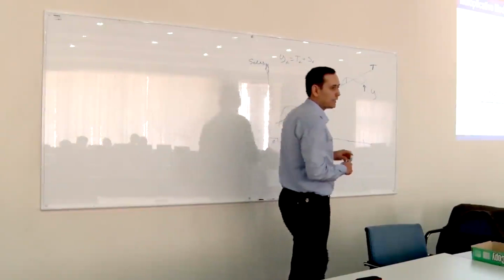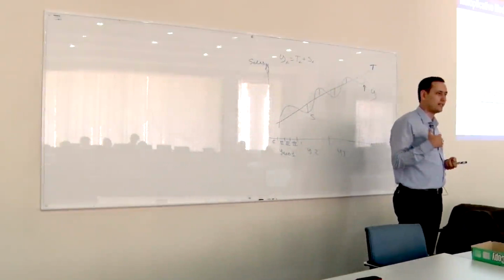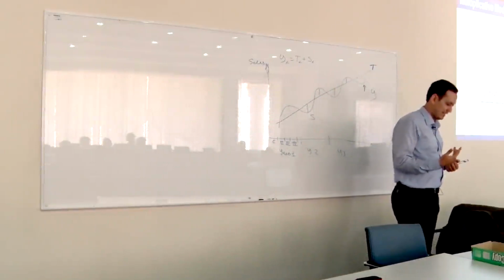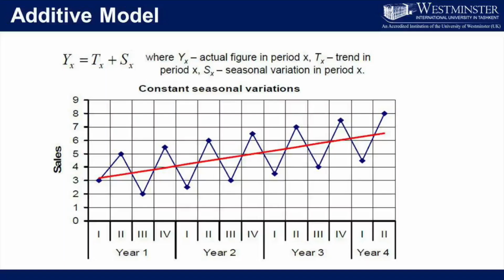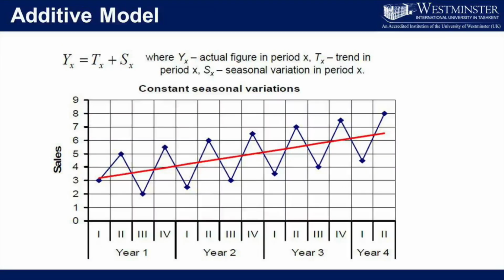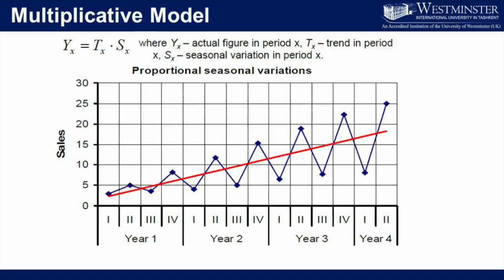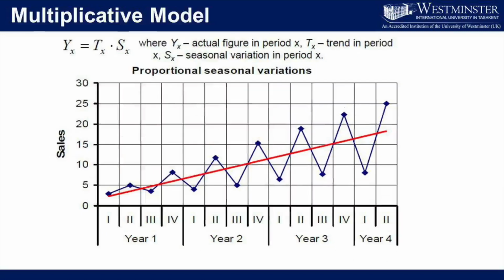All right? Now, can you see the difference between the additive model and the multiplicative model, the way it looks in the graph? What is the difference? This is additive, and this is the multiplicative model. The beginning is smaller, and over time the variation starts to increase.